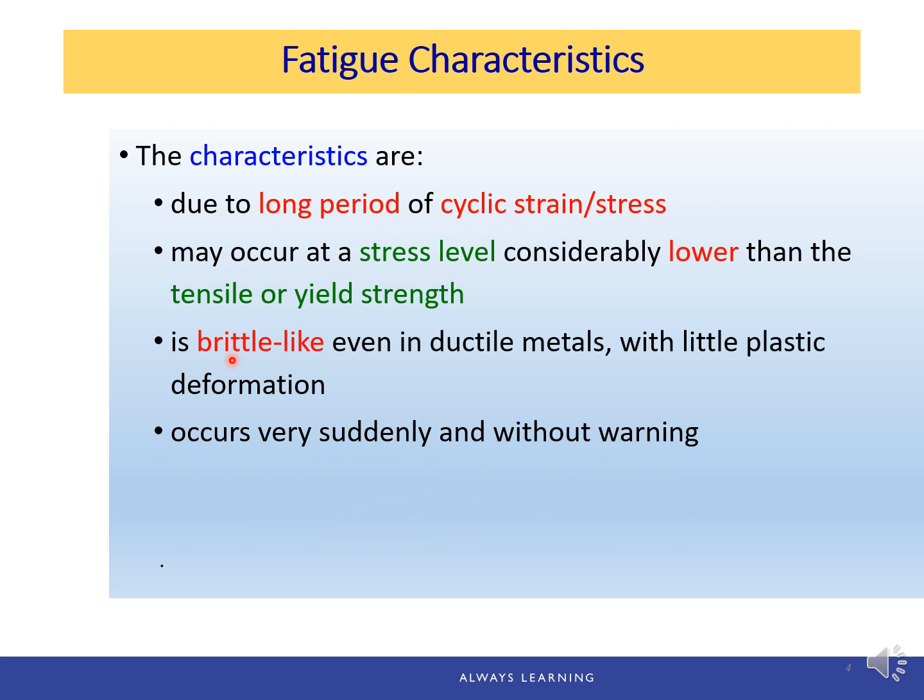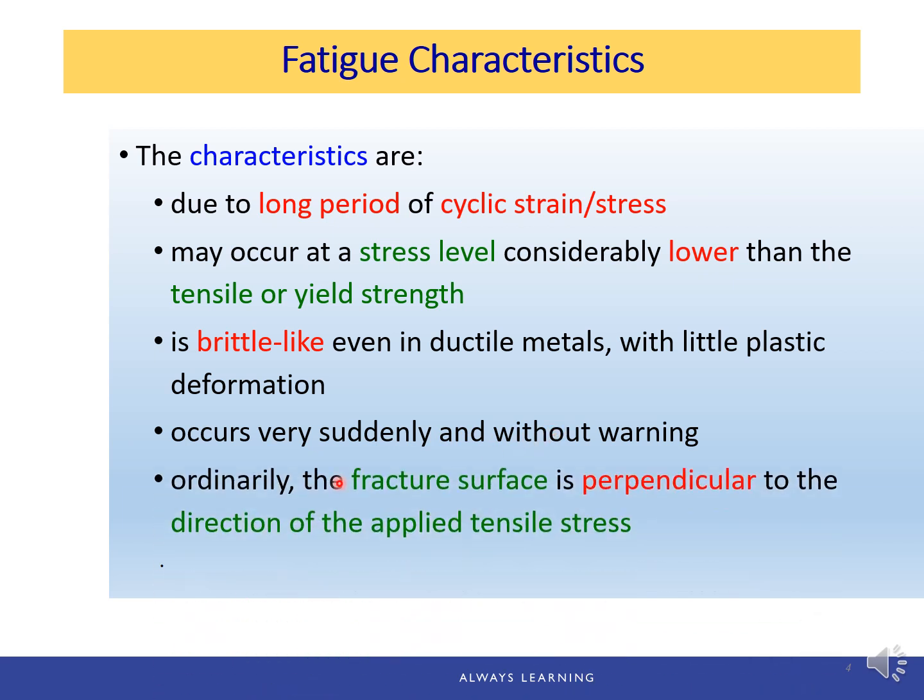And because it's brittle-like, it occurs very suddenly and without warning. And also, it has a fracture surface that is very similar to the brittle fracture surface, which is perpendicular to the direction of the applied tensile stress.